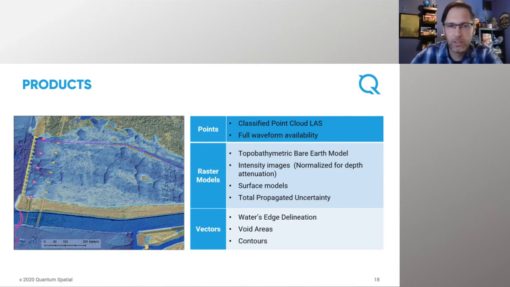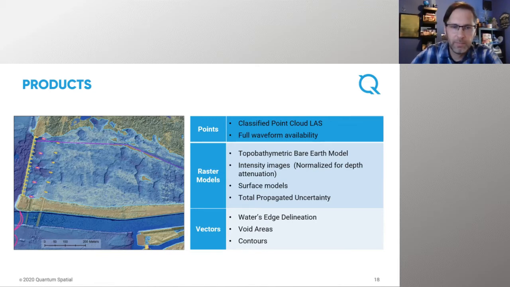So there's always full waveform availability with these systems. I think Jeff alluded to the opportunity there. We've used it to extract more depth from the waveform in noisier environments. You can start to do waveform averaging to improve classification routines as well.